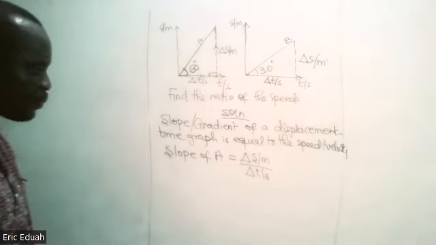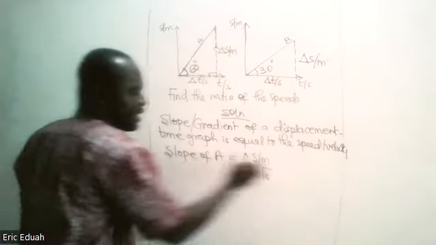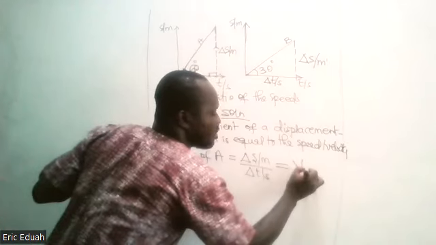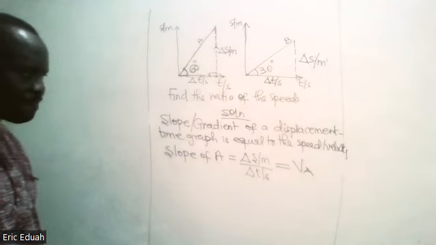Are we okay? This slope of A would give us the velocity of A, or the speed of A. Florence, are you okay?